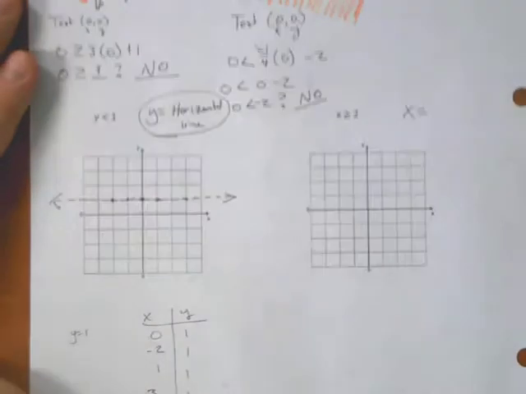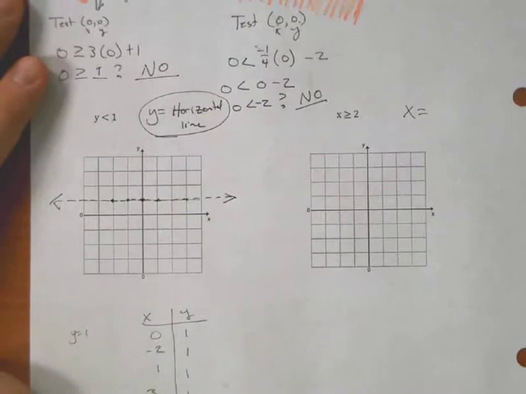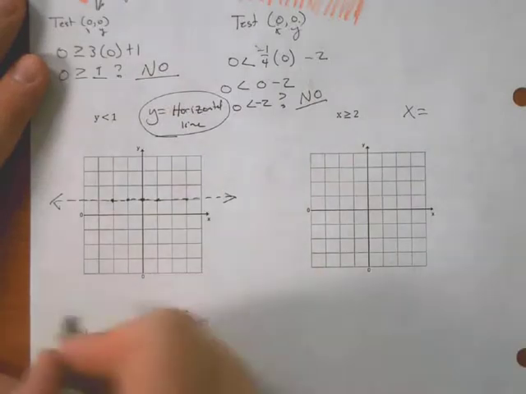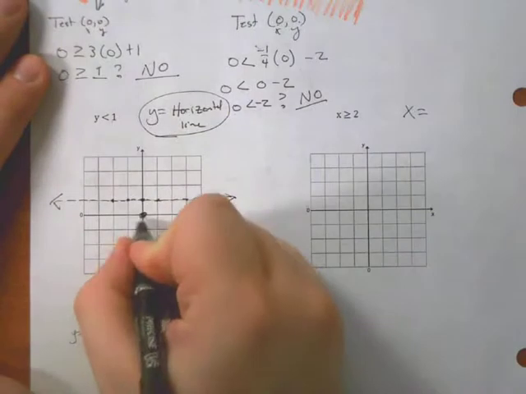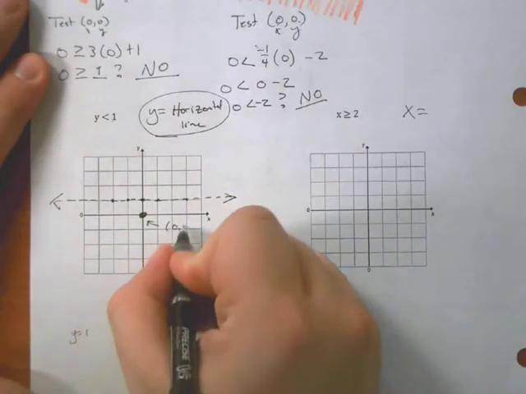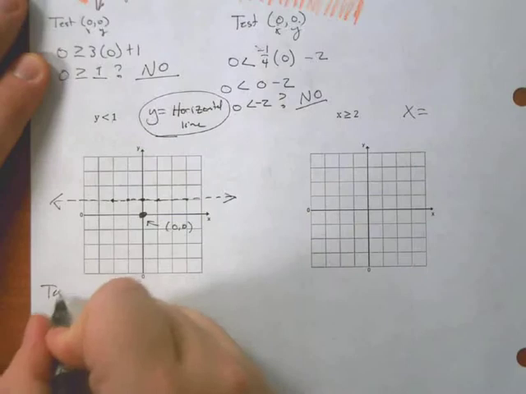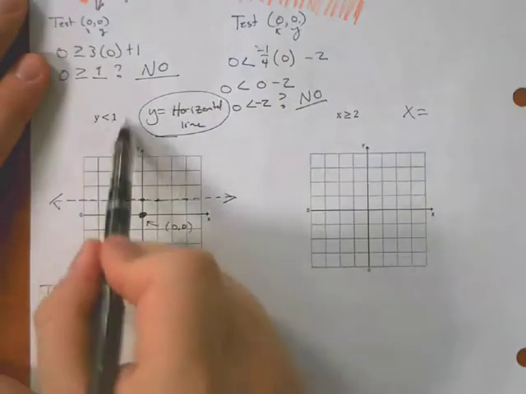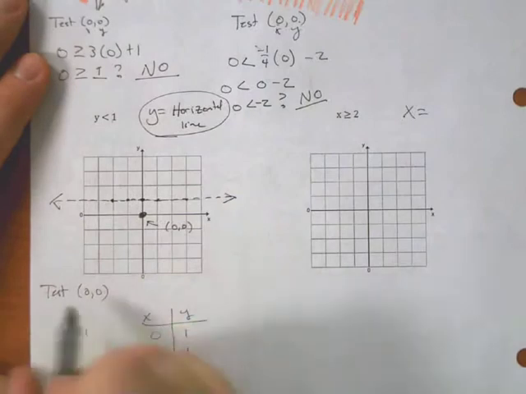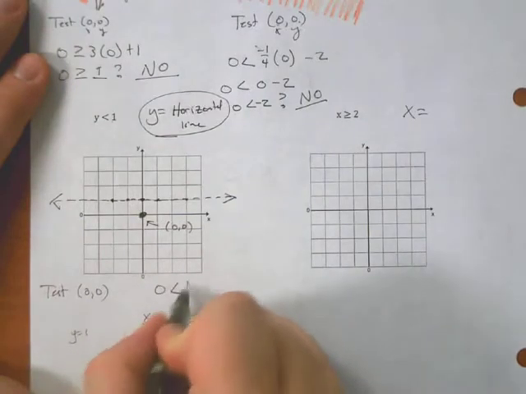Okay, it's an inequality, so I better shade this somehow. How am I going to figure out what side to shade? Let's pick a test point, Jacob. That's a great idea. What point should we pick? 0, 0. Boy, that's a great suggestion. Let's test 0, 0. There's no x's to even bother plugging in here. So we're going to say, is 0 less than 1?